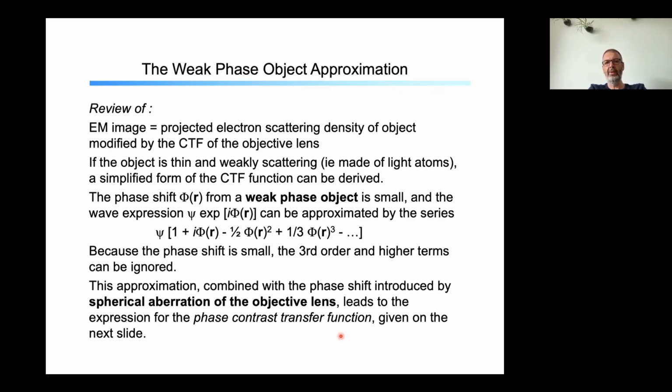Essentially your exit wave is formed from your unscattered plus your scattered, or phase shifted, part, and that's it. You don't have to consider anything more. There are some additional things that affect this, like lens aberration, so spherical aberration of the objective lens, and most importantly, the defocus.